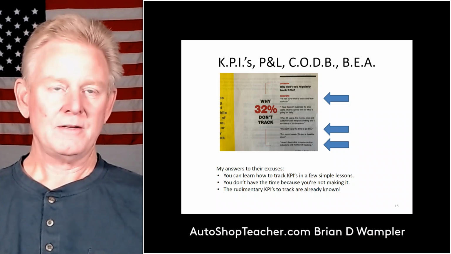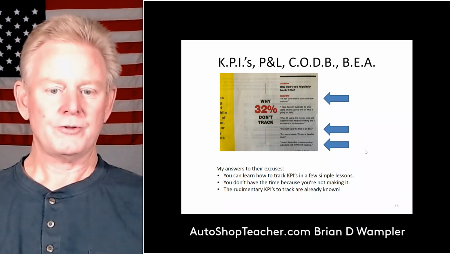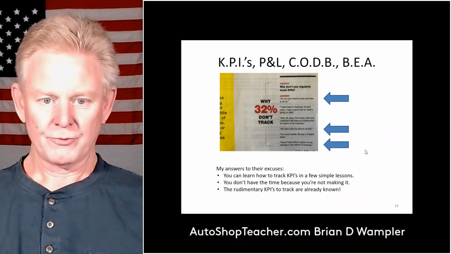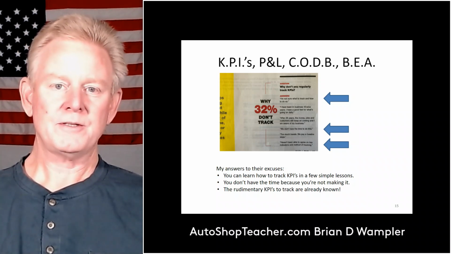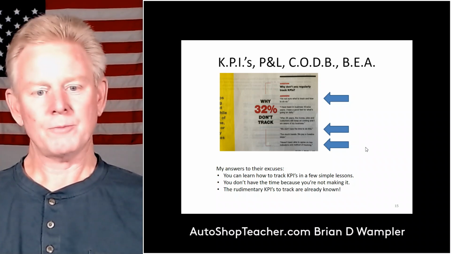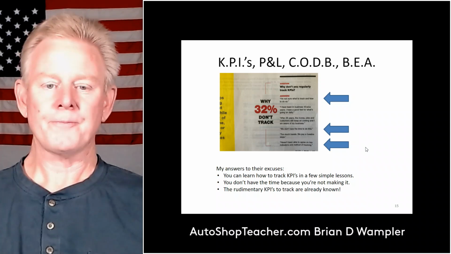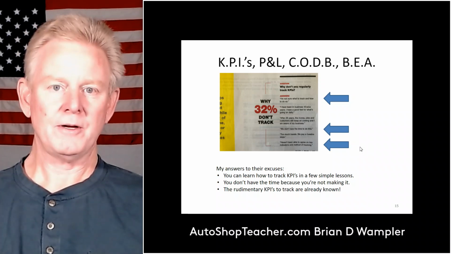This has been being done in automotive shops across the country since long before it was commonplace to have an automotive consultant or coach, long before computerized point of sale software, when things were still being handwritten.